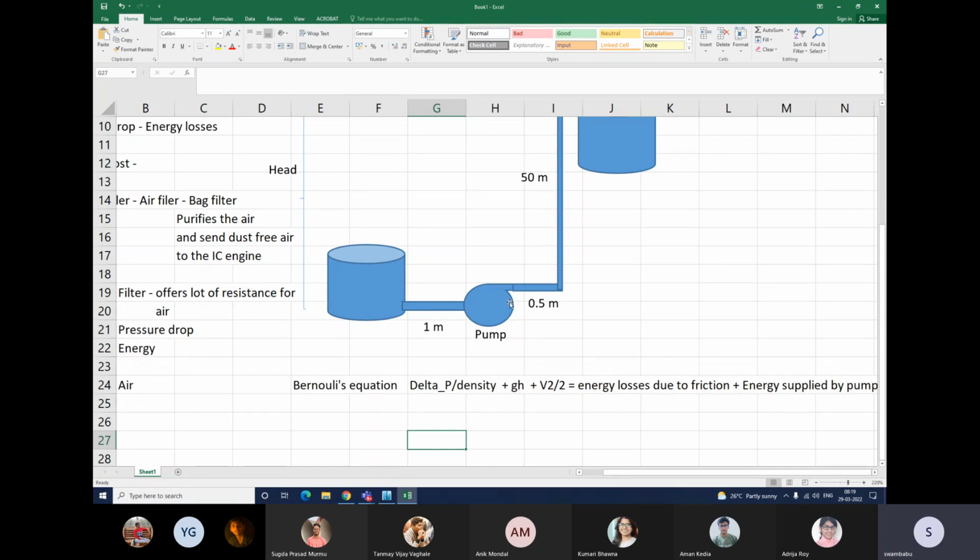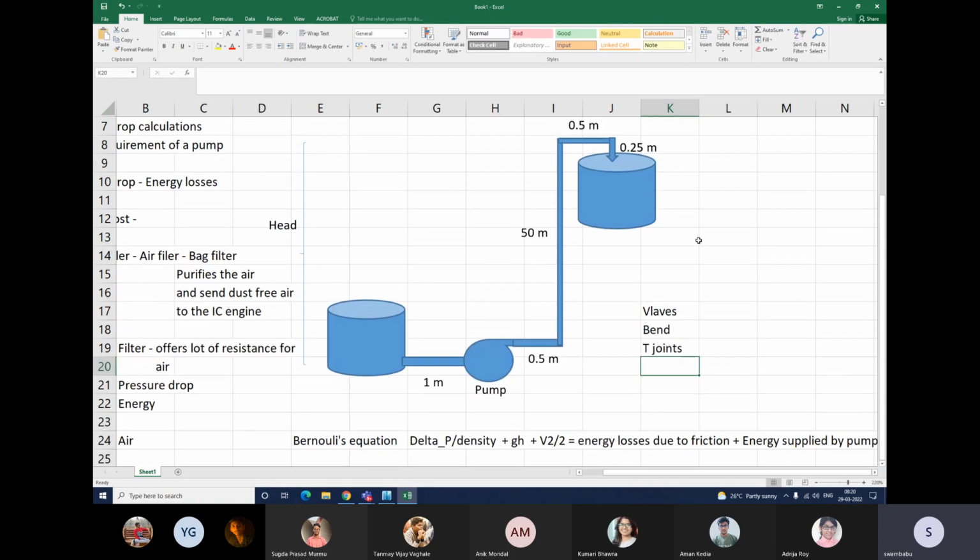So in a piping network, often we use valves, bends, T joints. This sort of simulation is required to minimize these energy losses.